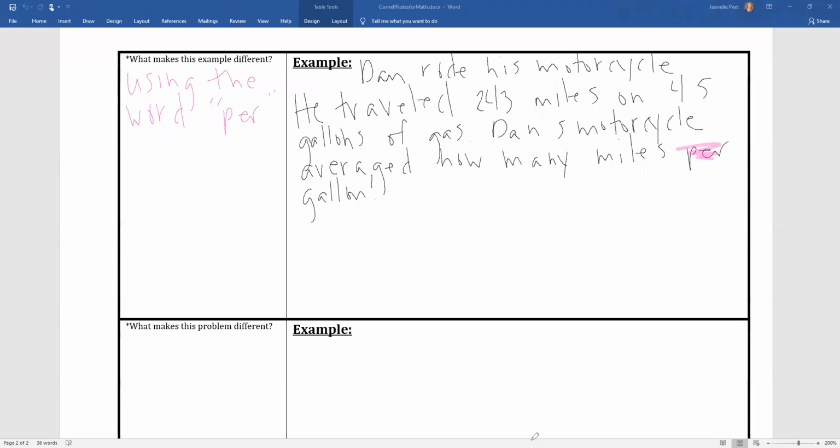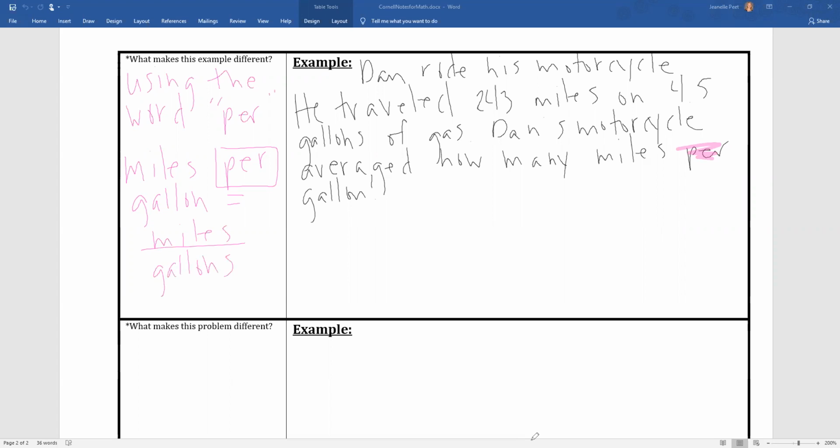And then I want you to know that miles per gallon is the same thing as miles divided by gallons.